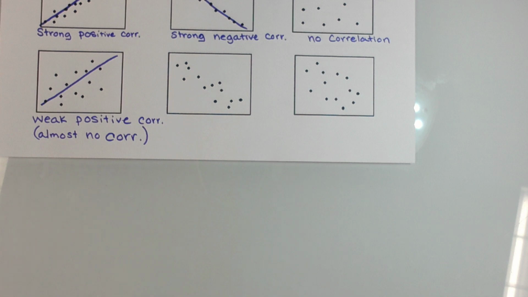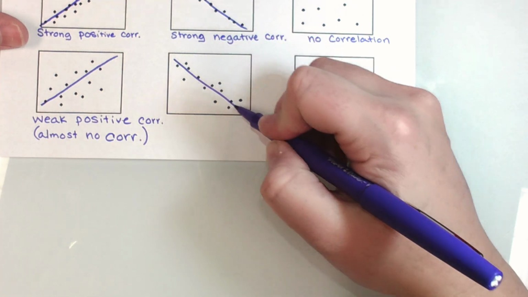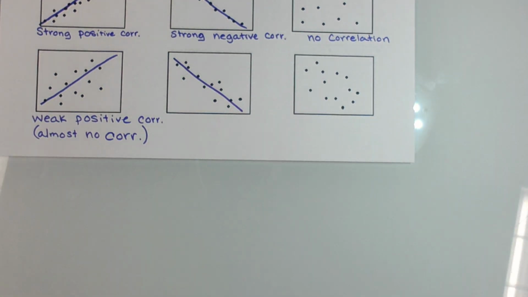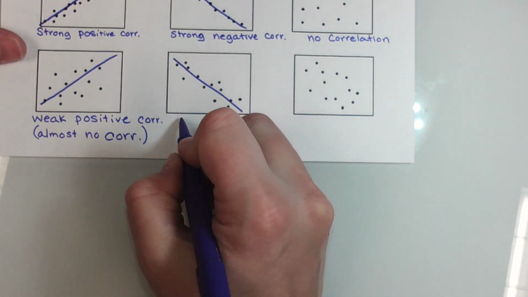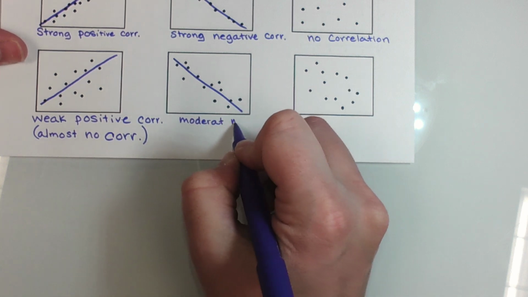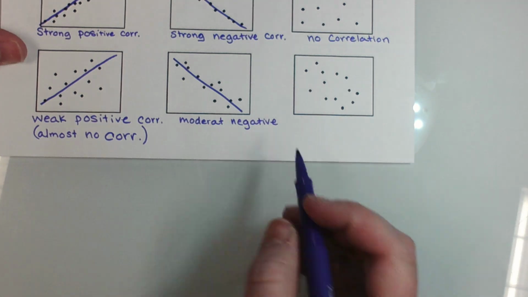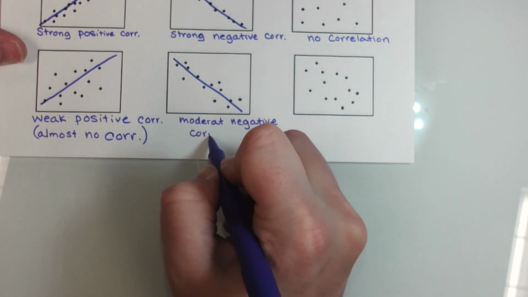This one right here. It's negative, and it's either weak or moderate. I would go with a moderate negative. You can tell it's going negative, but it's not great.